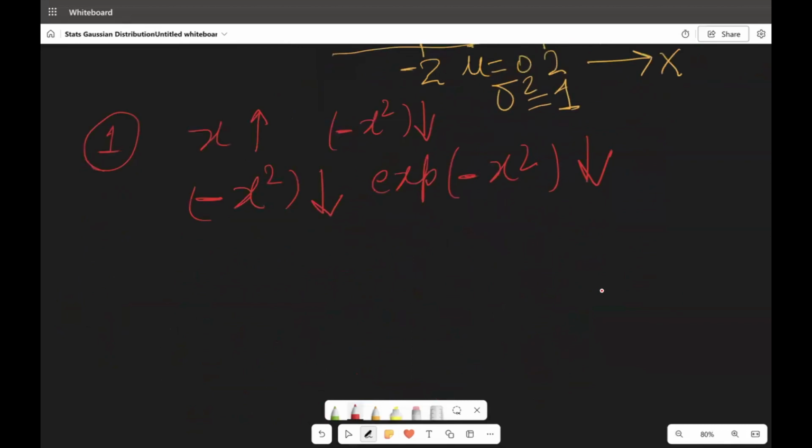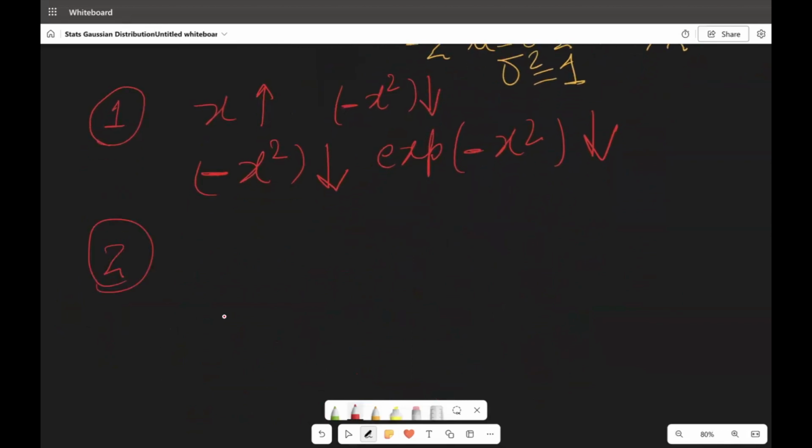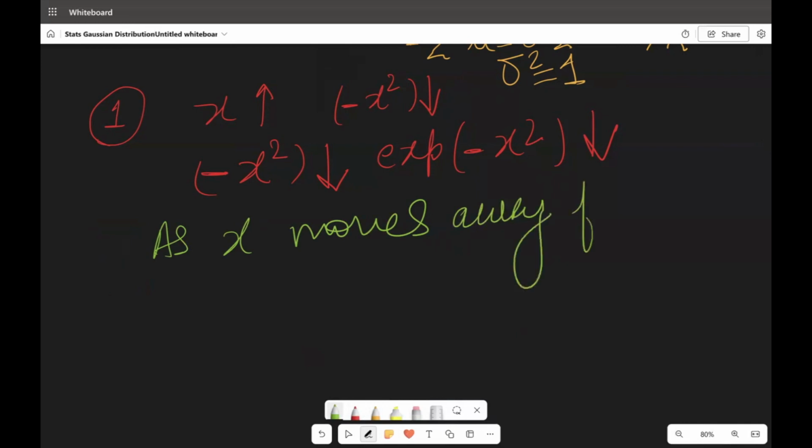Now, this is my first observation. Let me write it: as x moves away from mu, y reduces. This is my first observation.